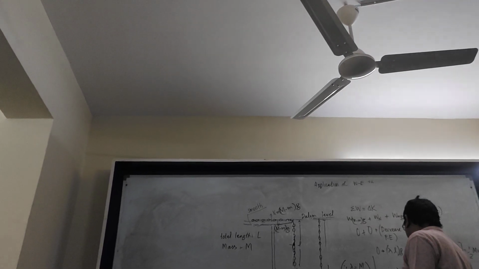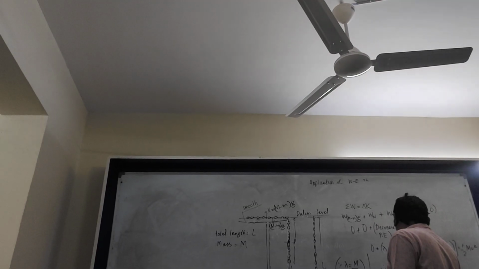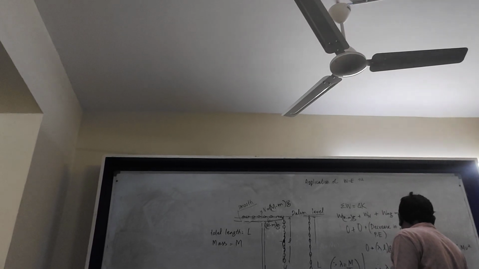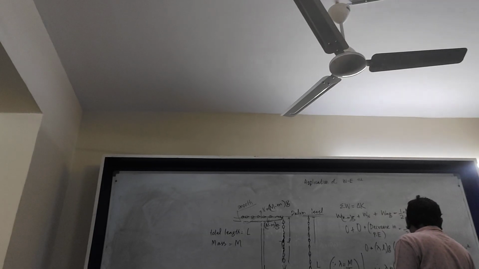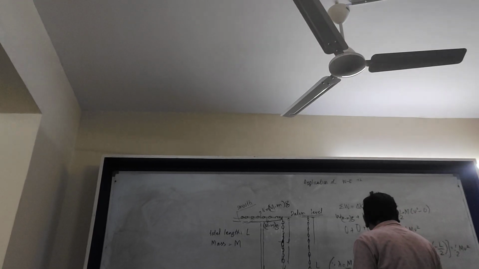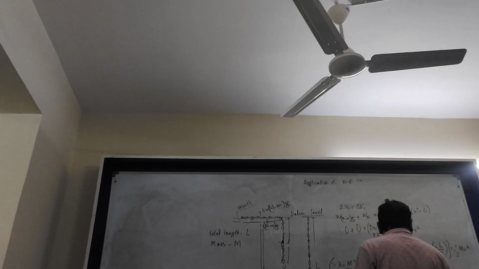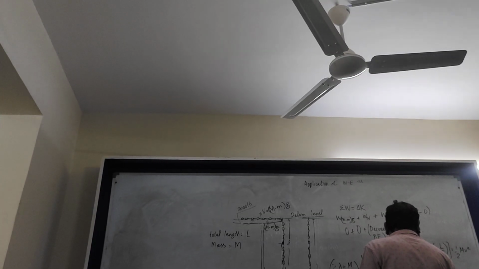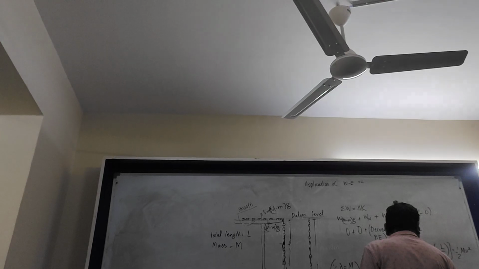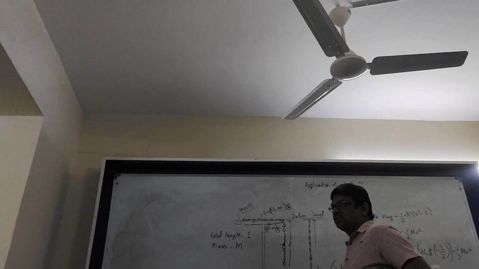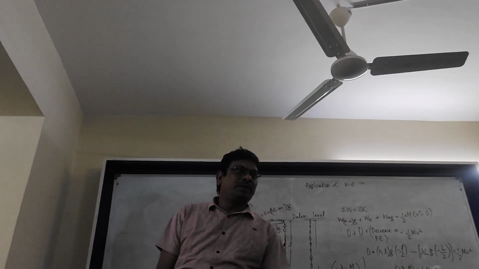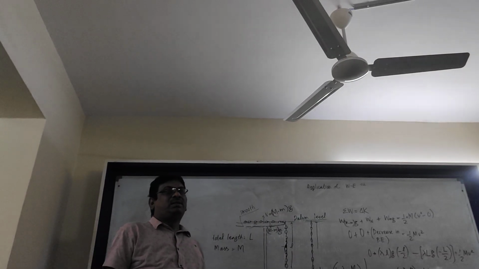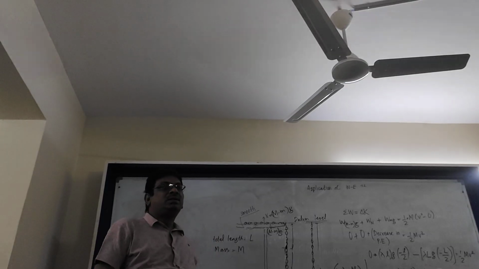So lambda is what? Mass per unit length. So M by L, g by 2 into this. So mass will get cancelled anyway. Therefore the 2 gets cancelled. So V is equal to the square root of g by L into (capital L square minus small l square). This is the velocity, the final speed with which the chain leaves contact with the table. Okay. Is it clear?